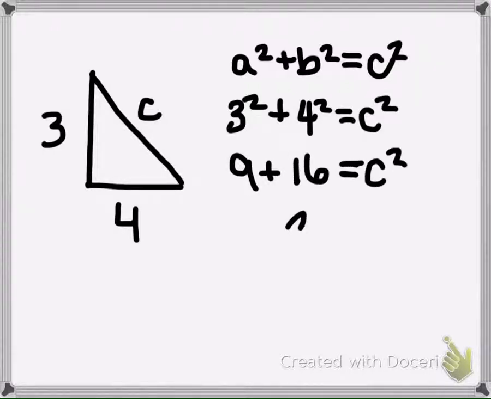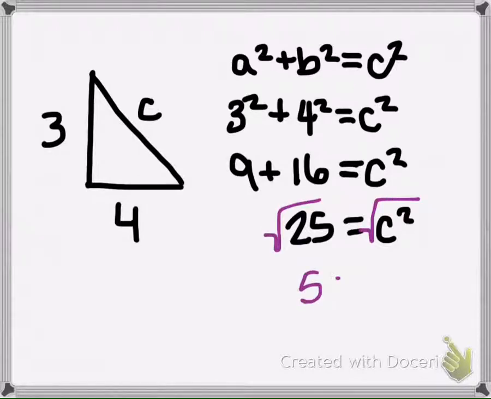Then we simplify this down, and we get 25 equals c squared. So the square root of c squared will be c. We take the square root of both sides, and we get 5 as our answer.